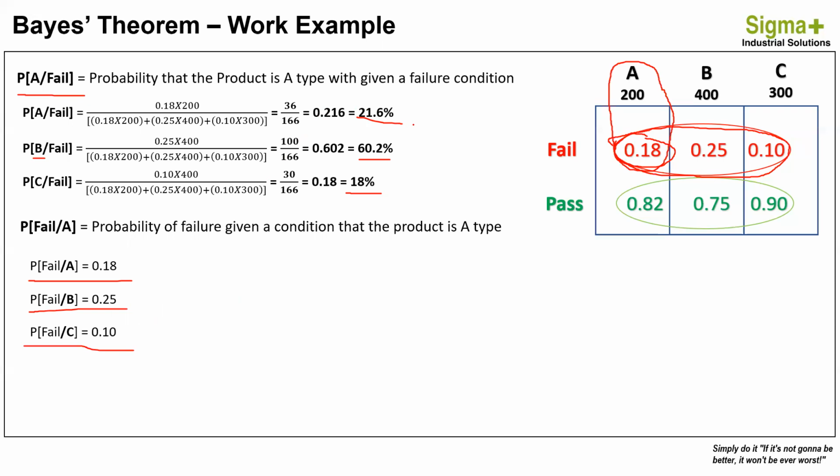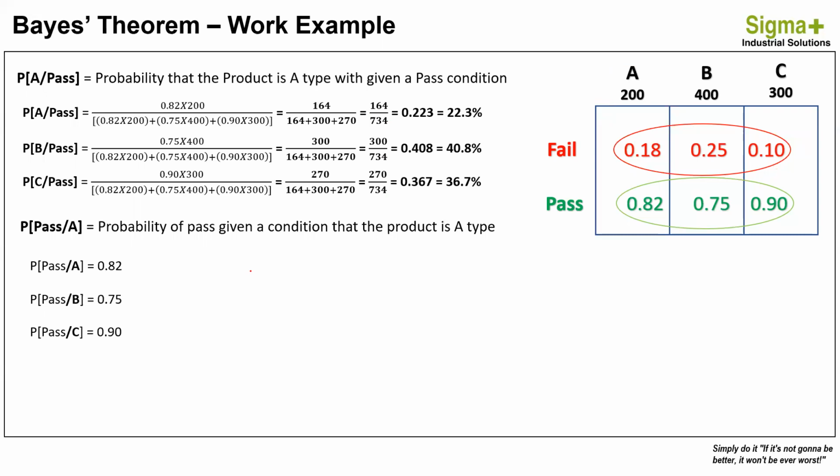So just keep in mind that yes, the formula could be the same to calculate the P subjected to fail or P fail subjected to A, but remember that the values won't be all the time the same, right? Okay. We have the same for the probability that the product is an A type under the condition that it is a pass.